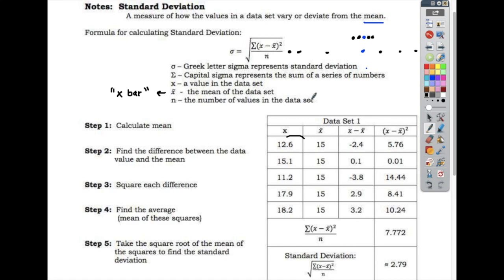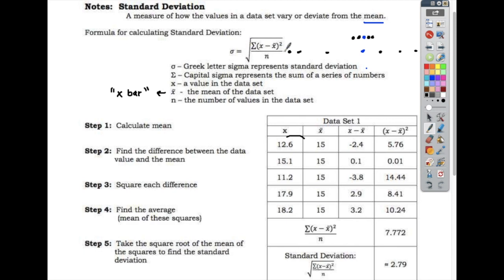So when we calculate standard deviation, we are going to take the square root of the sum of x, which is our values, minus x bar, which is our mean, all of that squared, and then divide that by the number of values in the data set.